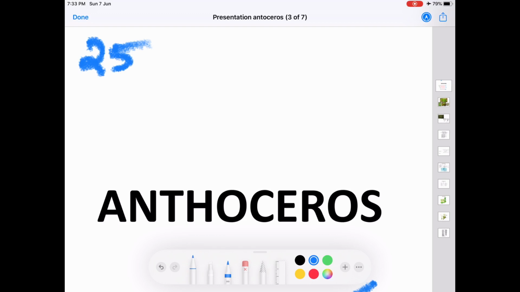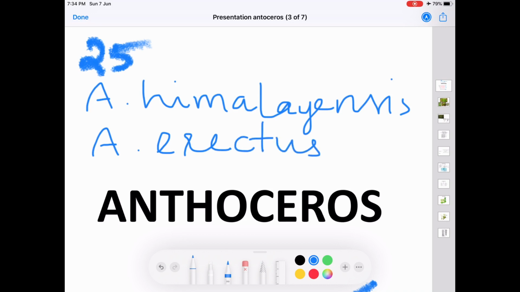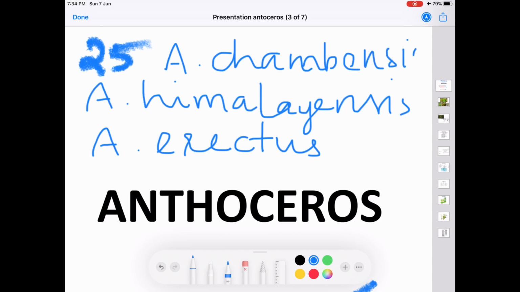Out of these, three species are Anthoceros himalayensis, Anthoceros erectus, and Anthoceros chambensis.